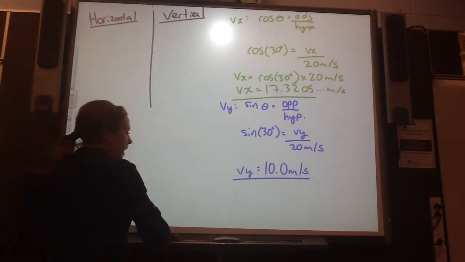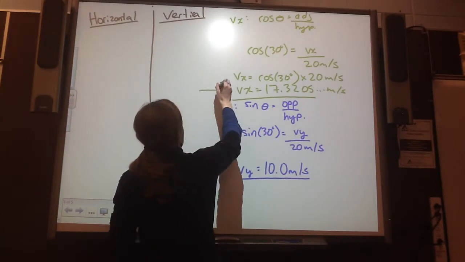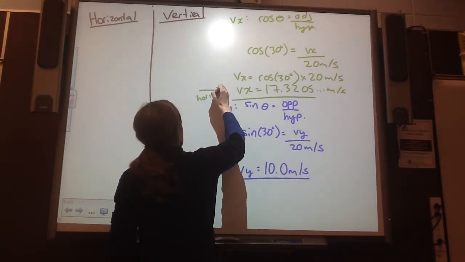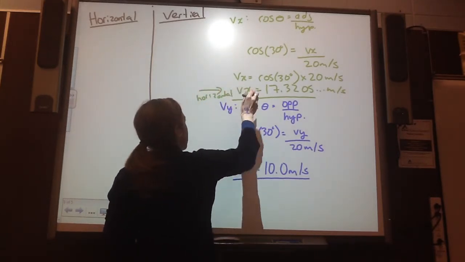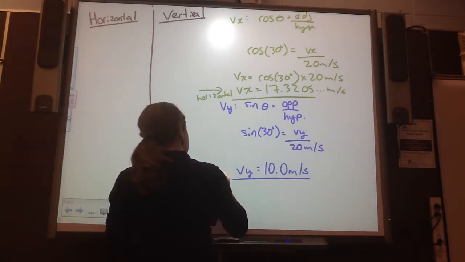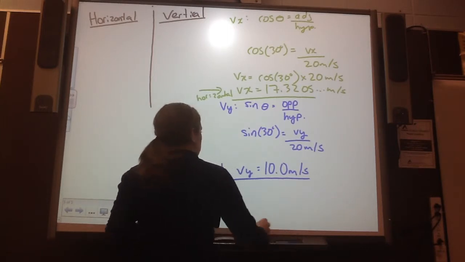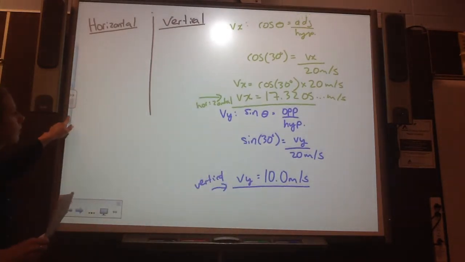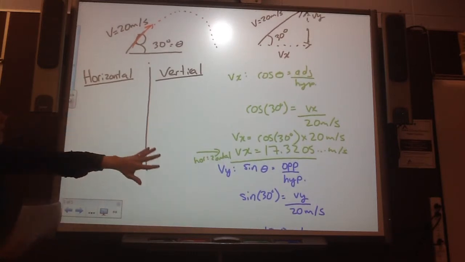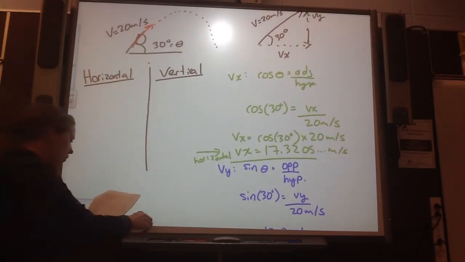So this Vx is my horizontal, that's my horizontal speed, and this is my vertical speed, or velocity if it has direction. So now I can take those and put those into my category.